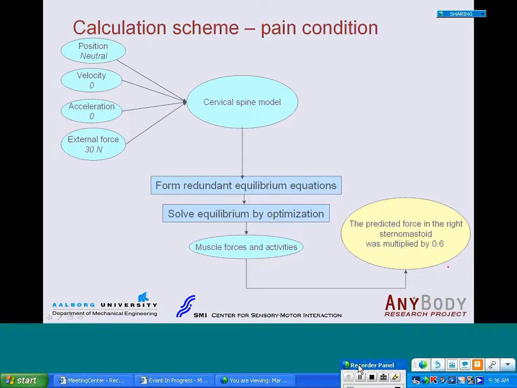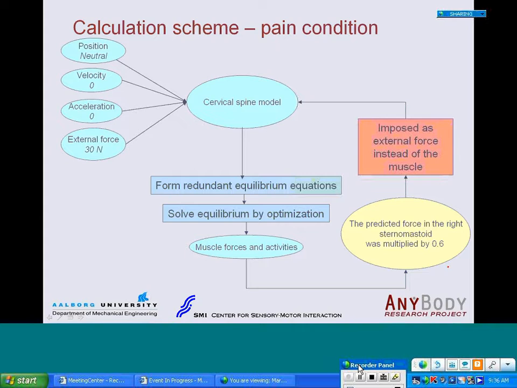This force was then imposed as an external force on the model instead of the muscle. So we removed the right sternomastoid, but we have an external force with exactly the same line of action of this right sternomastoid, but with 60% of the force which was estimated before in a non-painful condition.